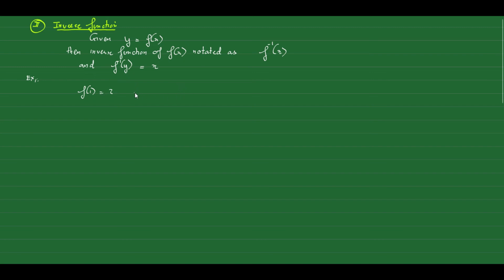Then based on the definition of inverse, I can write f of f inverse of 2 equals 1. We can do it like that, because the range becomes the domain, you see that, and the domain becomes the range. So this is an inverse function.